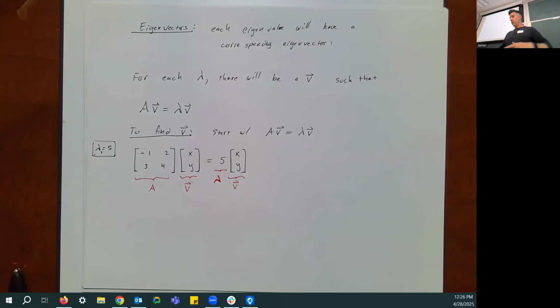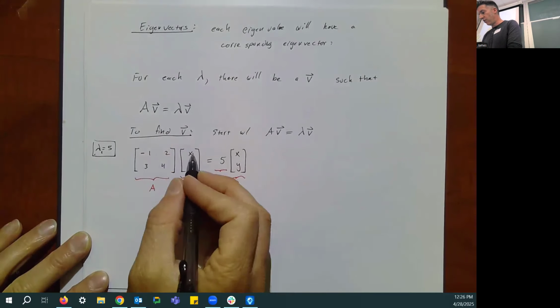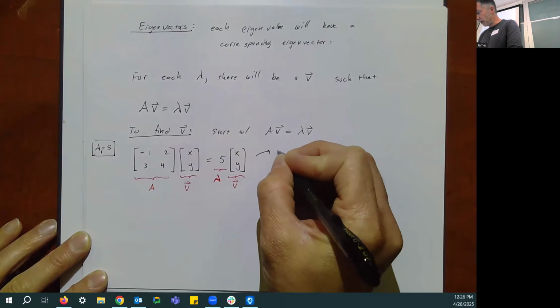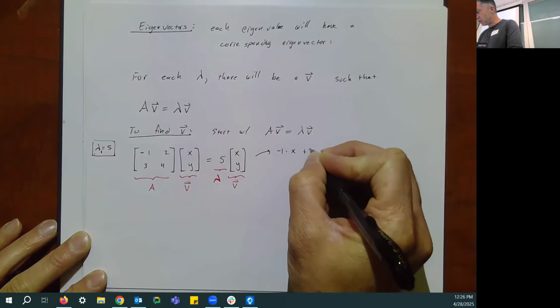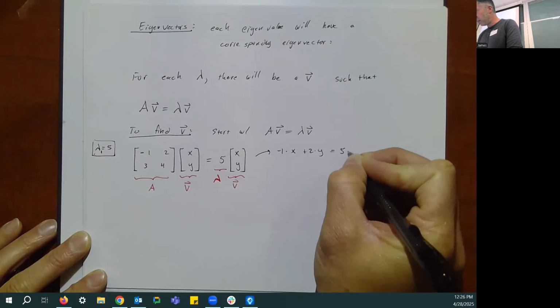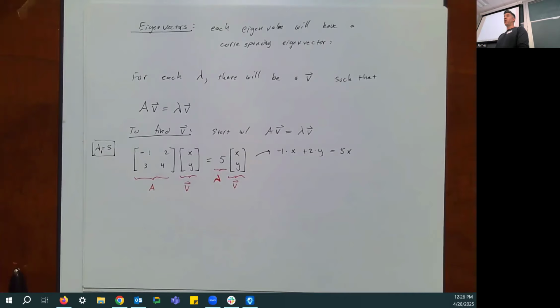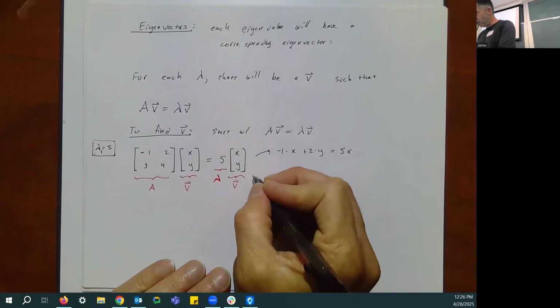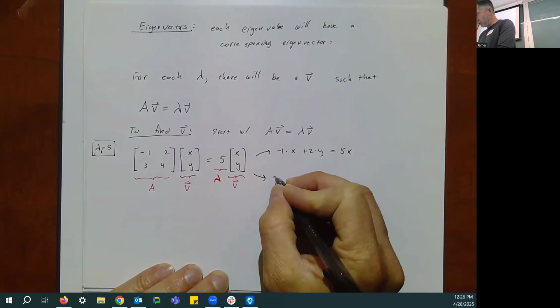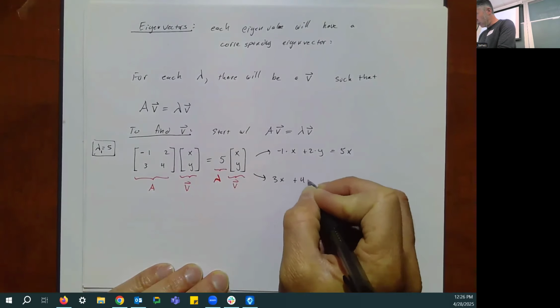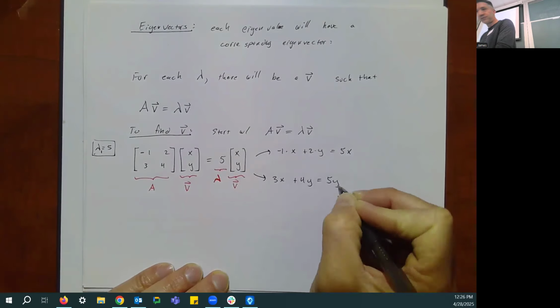The first equation, coming from the top row, is -1 times x plus 2 times y equals 5 times x. That's all we need, really. I'm going to write the other equation as well so you see it, but we don't actually need it. The other equation is 3 times x plus 4 times y equals 5 times y.